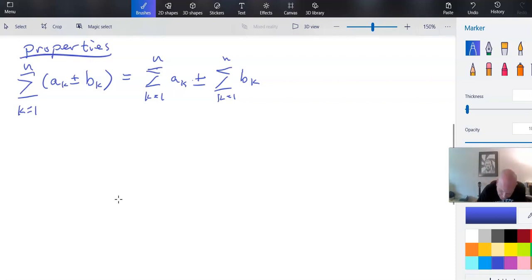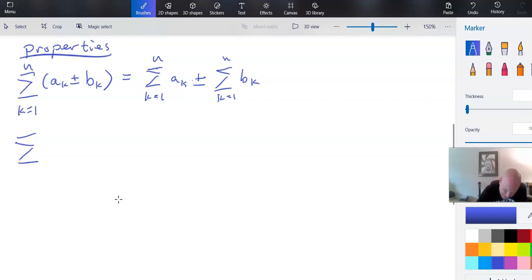Another property is that you can pull a constant through a sum. Basically, if you have a bunch of terms all listed out and you have the same factor in each term, you can factor that out. And that's essentially what we're doing. We're factoring something out.